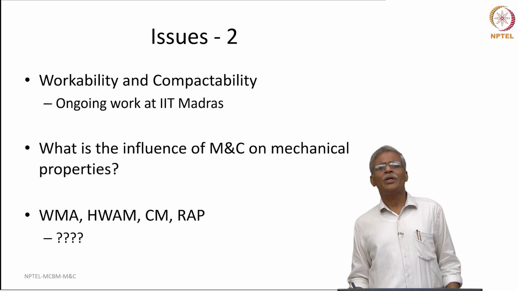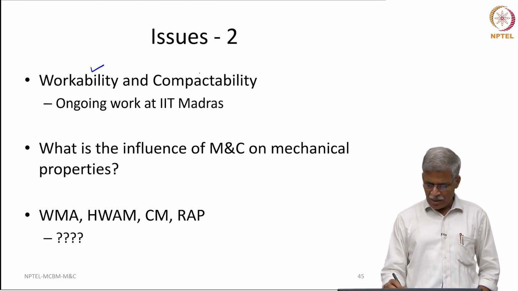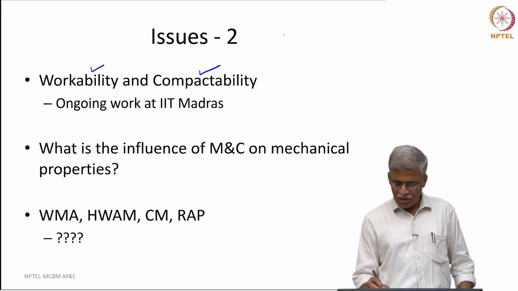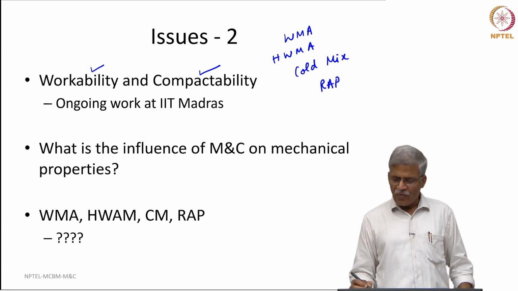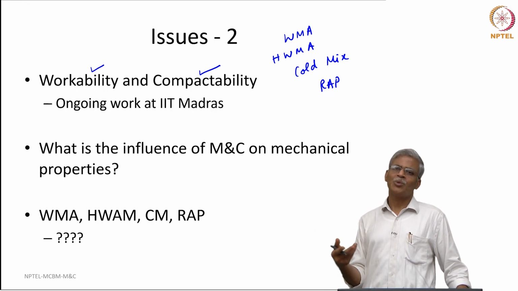Then we also need to understand something about what is really called workability or compactability. In recent times, where a substantial amount of construction is going on of warm mix asphalt, half warm mix asphalt, or cold mix, with wrap, without wrap, we do not yet know how much compaction energy has to be applied.